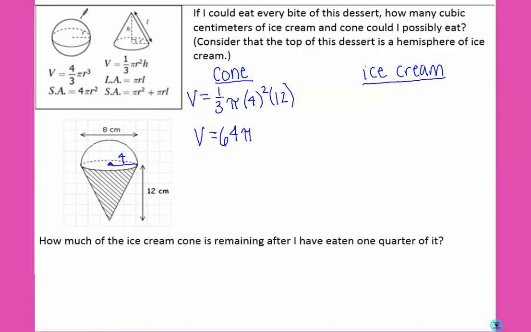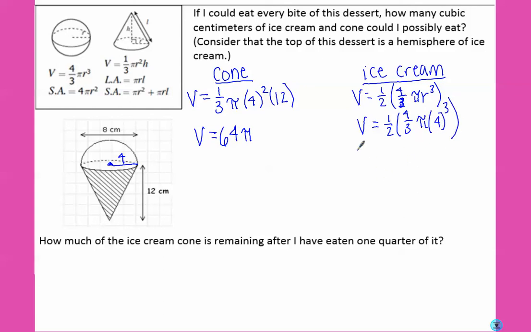For the ice cream, it's the volume of a sphere, but we only want half of it. So we want half of 4/3 pi r cubed. Our radius was 4.